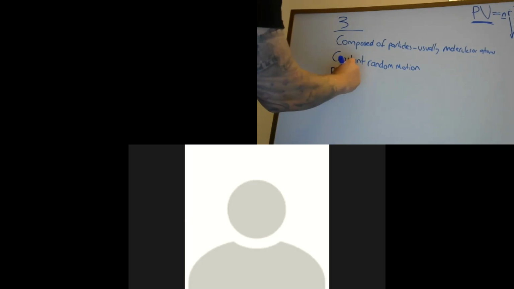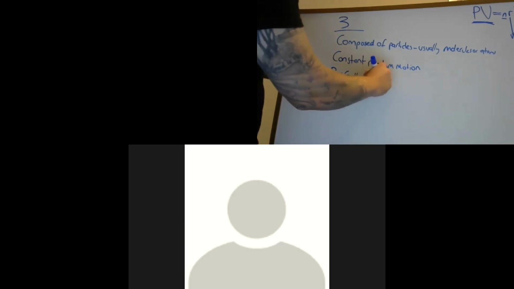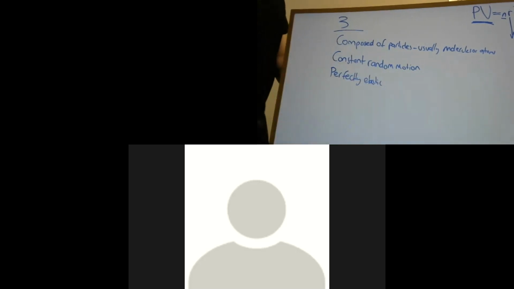So, this is where it's a bit up in the air. Perfectly elastic collisions, meaning that the energy from one particle is transferred to another, and the total amount of kinetic energy remains constant.